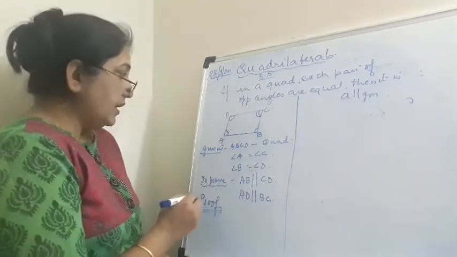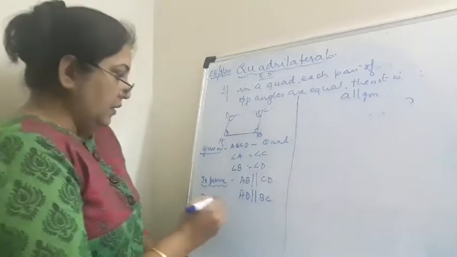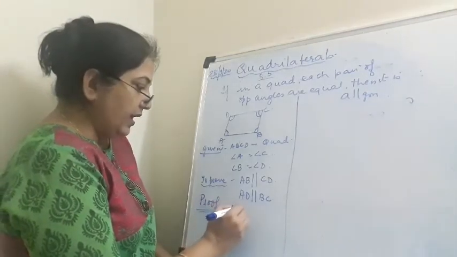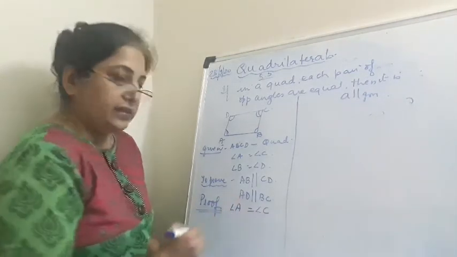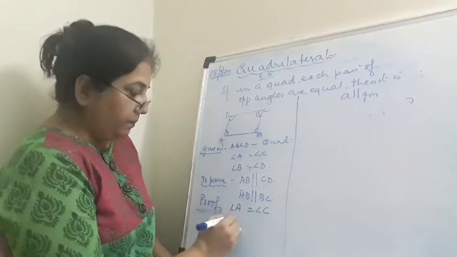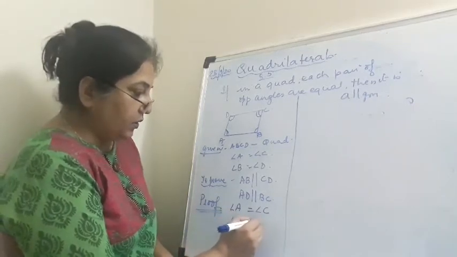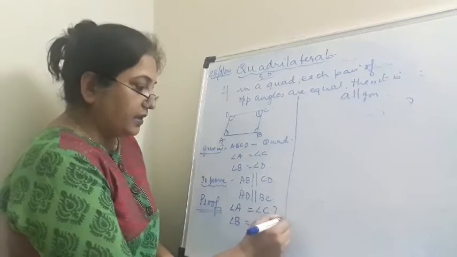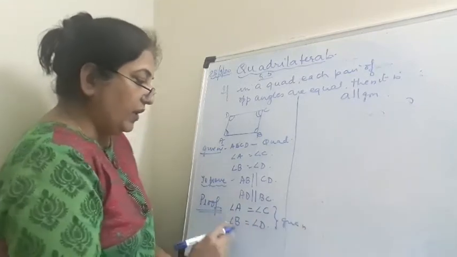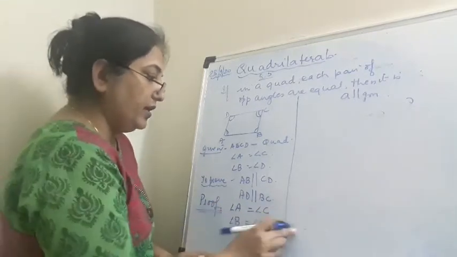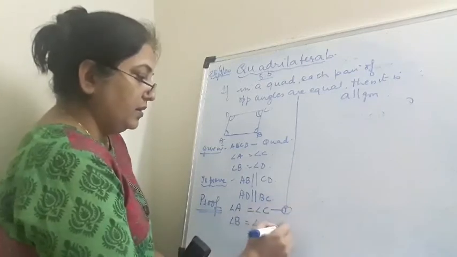Now, I hope you can see, so I'll write the proof. Now, we know that angle A is equal to angle C. Okay, this is given. Angle B is equal to angle D. This is given. Now we add these two. So we will write, this is 1, this is 2.